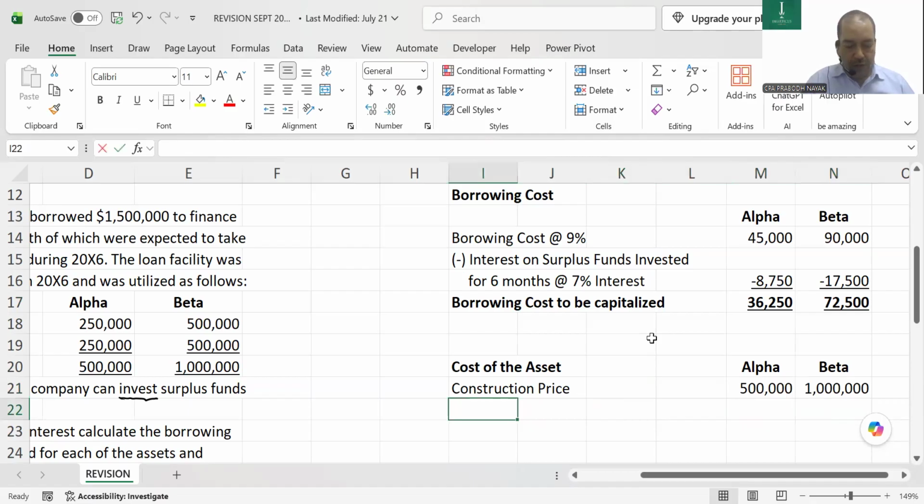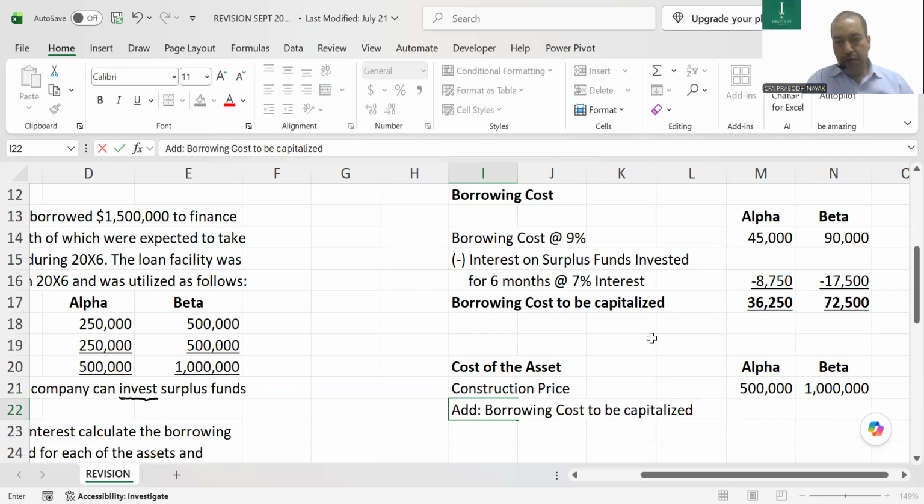Okay. Add to that borrowing cost to be capitalized. That is 36,250 and 72,500.